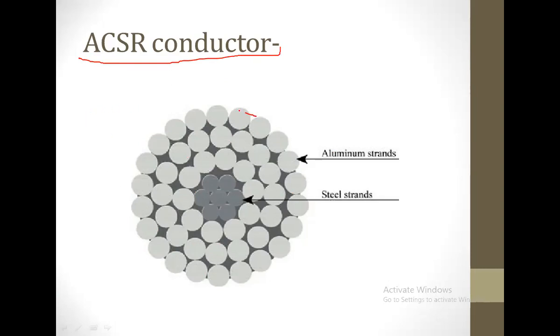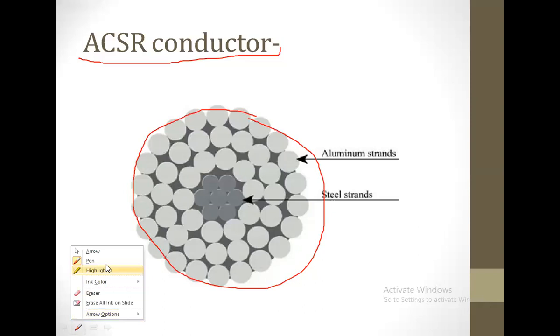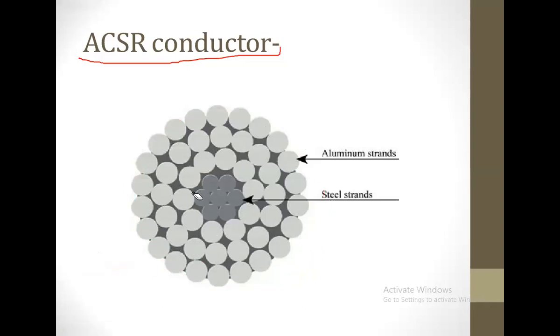So first of all, suppose this is one cable. In that, how many strands are there? What is the total diameter and what is the strand diameter that we are going to see? Okay, so the total diameter of the cable is this much, from this point to this point.